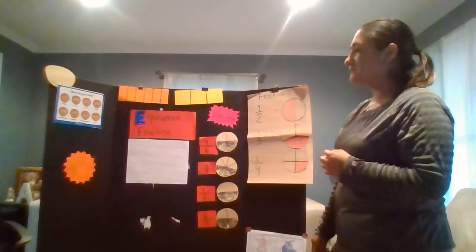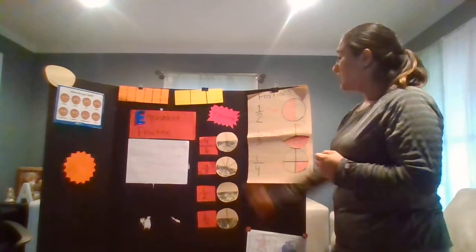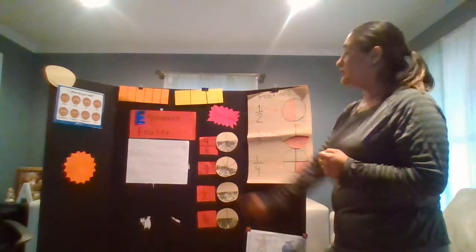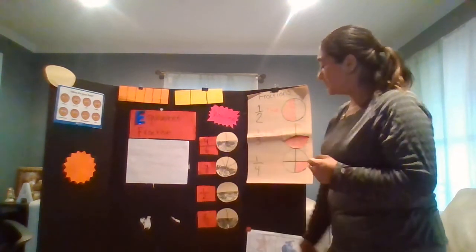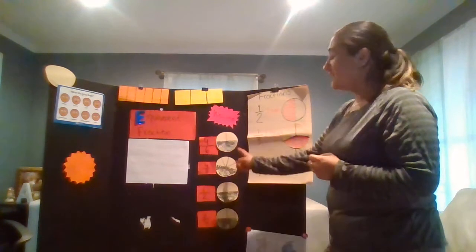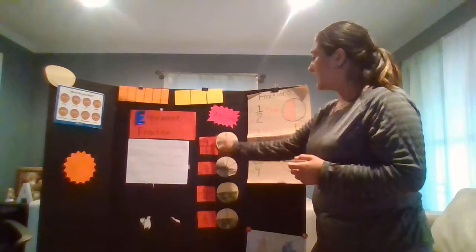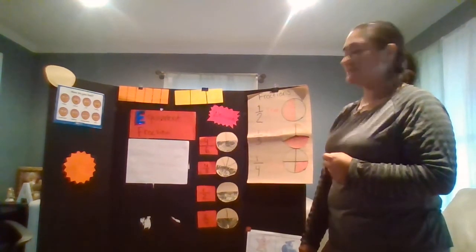What do you think all of them have in common? Yes, correct. All of them are shaded halfway, even though their denominators on the bottom and their numerators are different. That means it's still the same value. They still have the same whole portion value, except they're cut in different pieces.